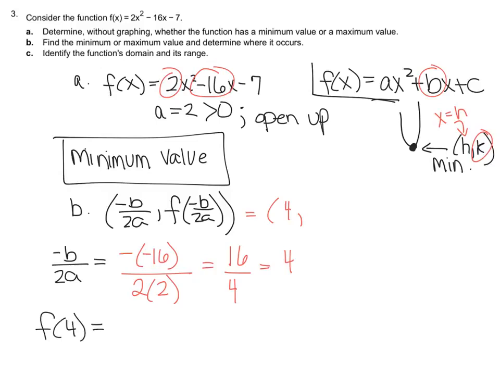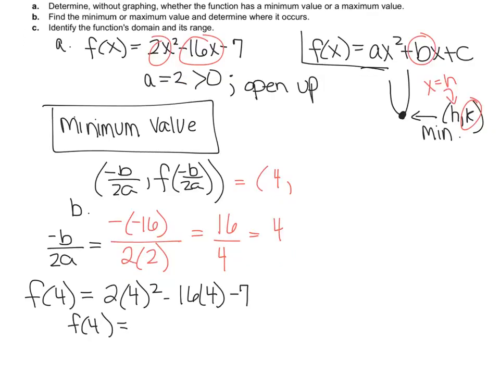So I'll plug a 4 wherever I see an x in the original equation. So this is 2 times 4 squared minus 16 times 4 minus 7. And that equals 2 times 16 minus 64 minus 7. And 2 times 16 is 32.